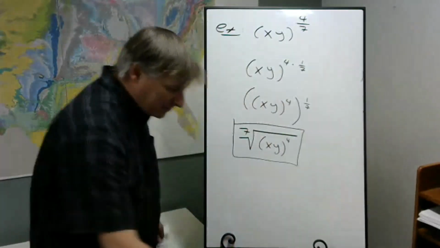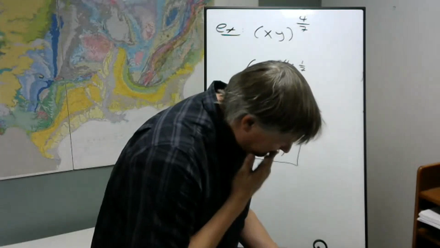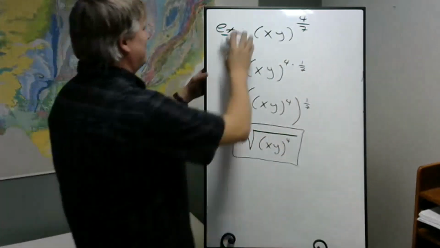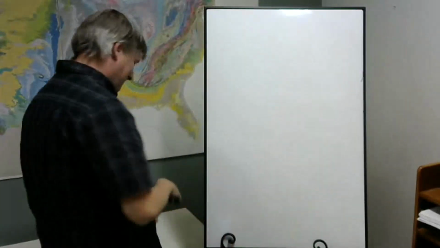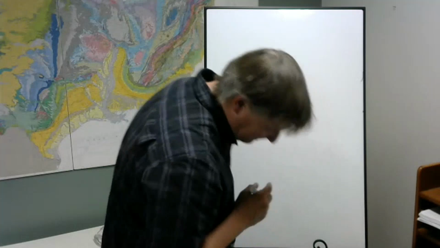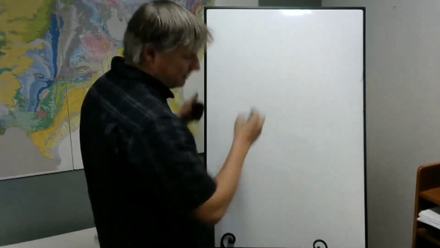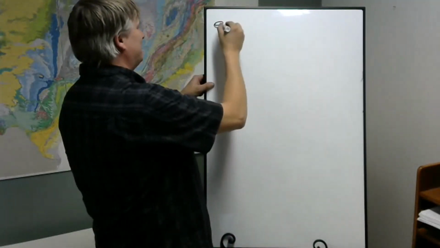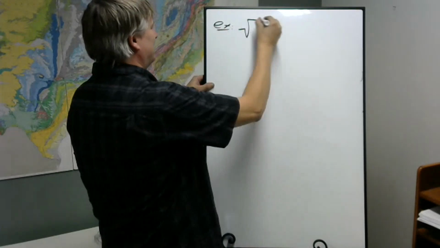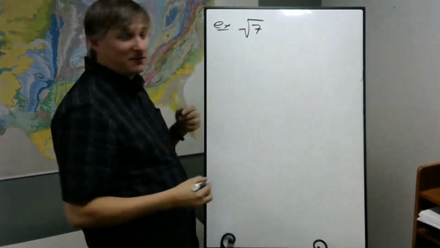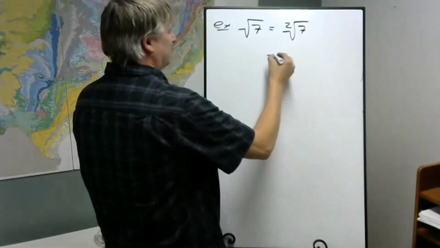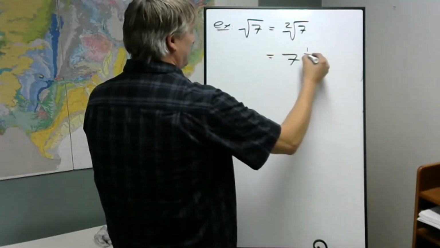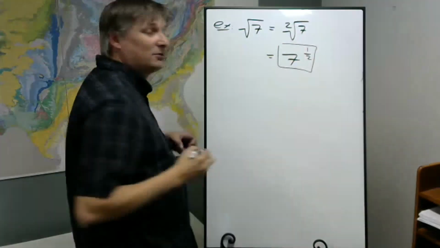So let's go the other direction. So, for example, square root of 7, that's really the 2 root of 7, or 7 to the 1/2.